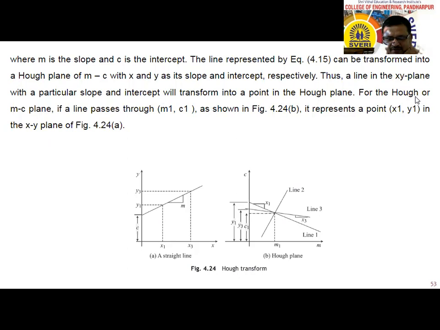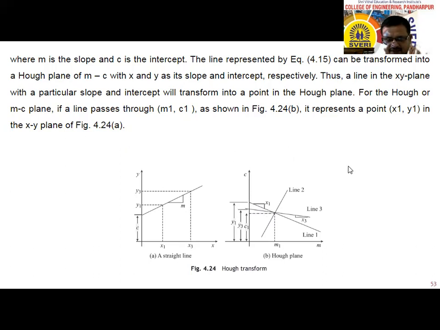For the Hough or mc plane, if a line passes through m1, c1 as shown in figure 4.24b, it represents a point x1, y1 in the xy plane of figure 4.24a. This line is transformed into this point. Therefore, it represents a point x1, y1 in the xy plane.